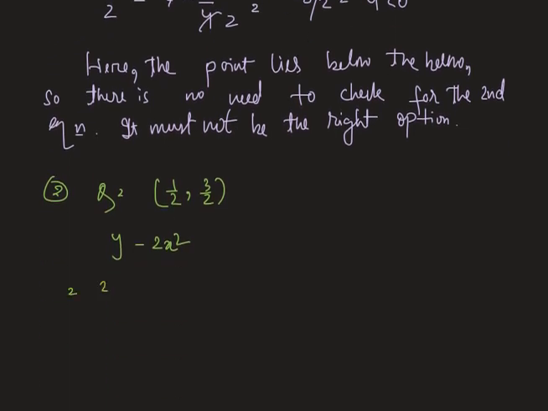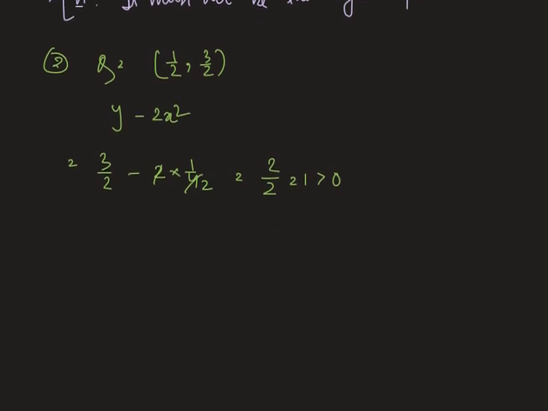Therefore we get 3/2 minus 2 into 1/4. So it results in 3 minus 1 by 2, that means 2 by 2, which is equal to 1, and of course it is greater than 0.